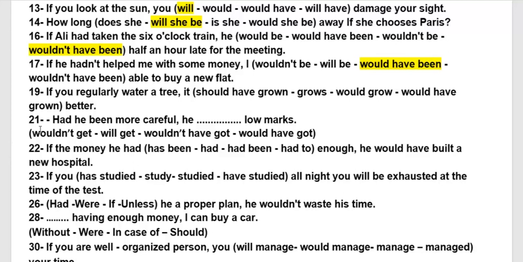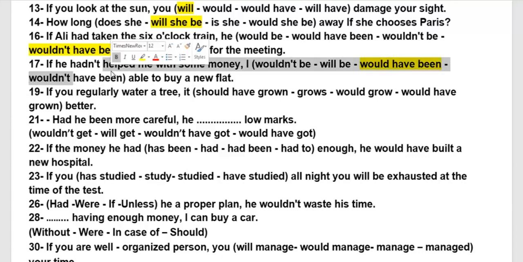The correct answer, I wouldn't have been able. This is the correct answer. If he hadn't helped me with some money, I wouldn't have been able.